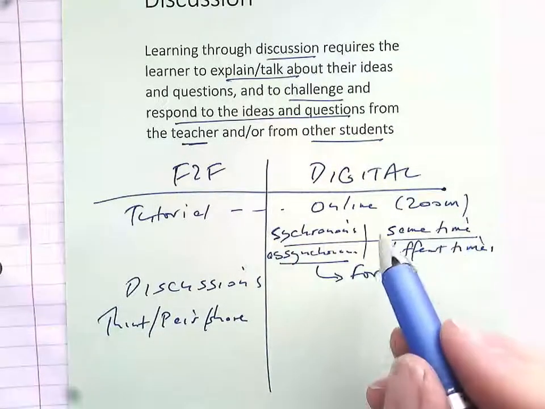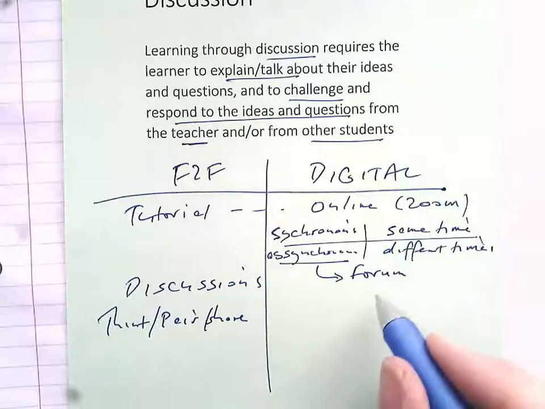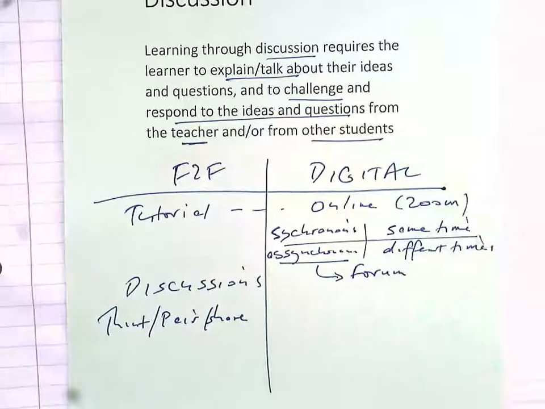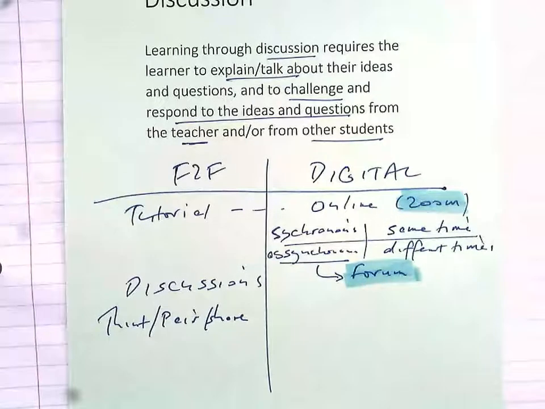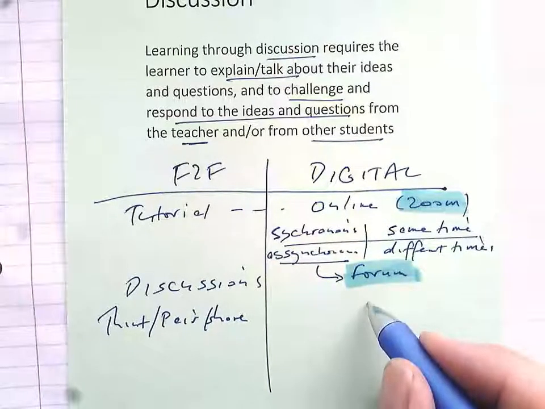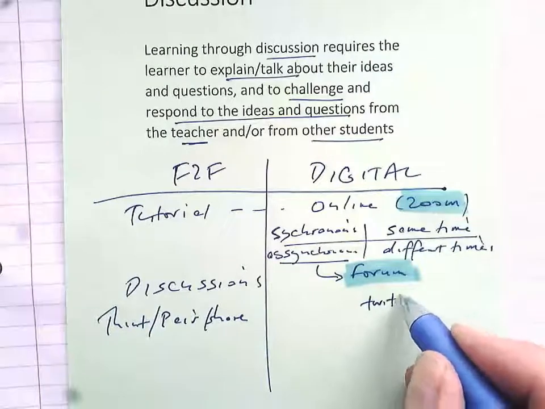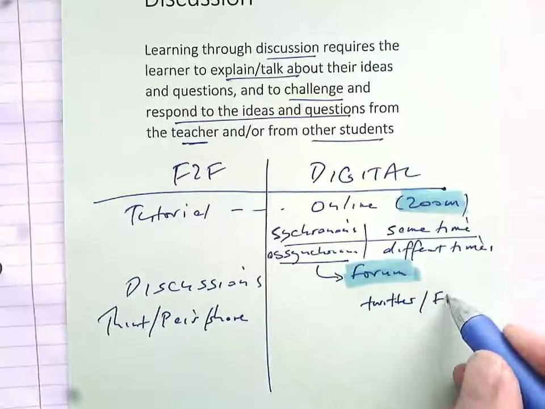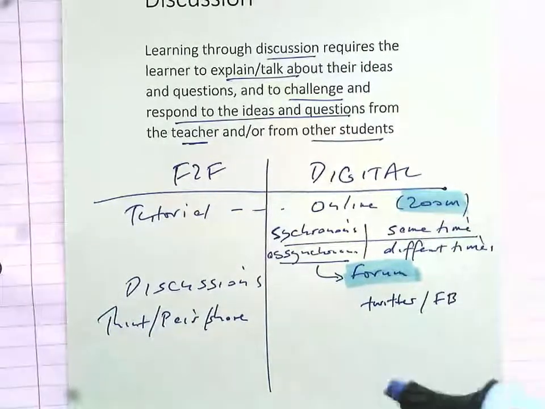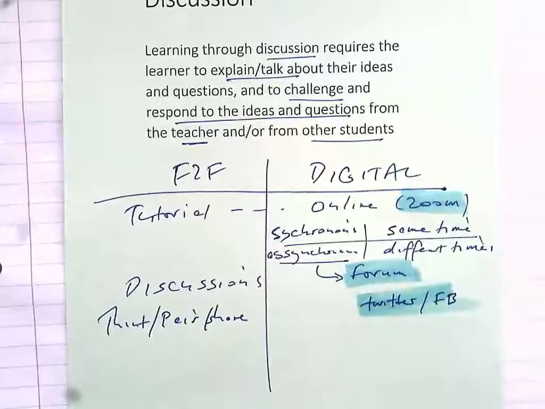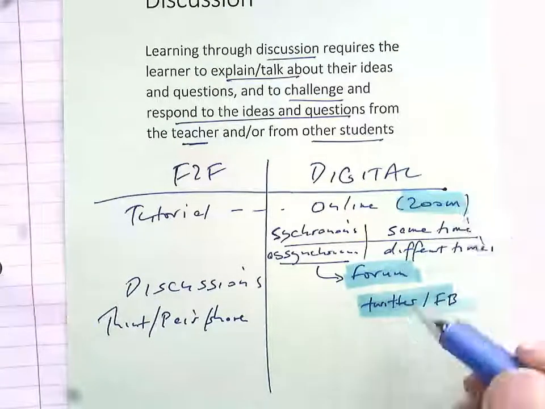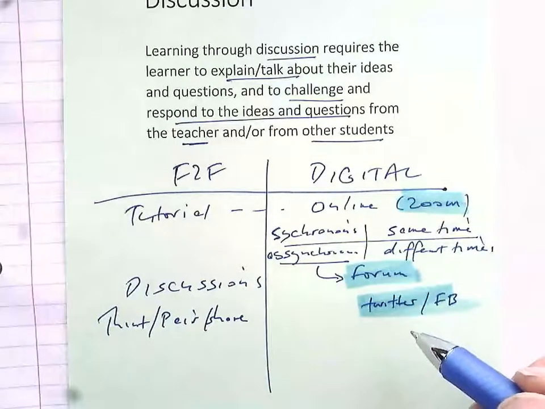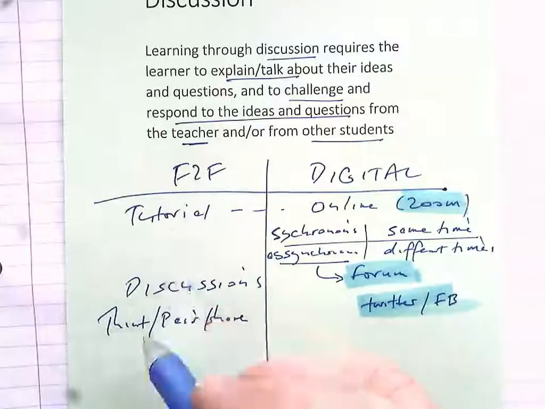So you have Zoom, you have forums, you might have Twitter, Facebook activities as part of your teaching and learning. Forums are also known as discussion groups and so on. So you have the online and digital equivalents of these face-to-face events.